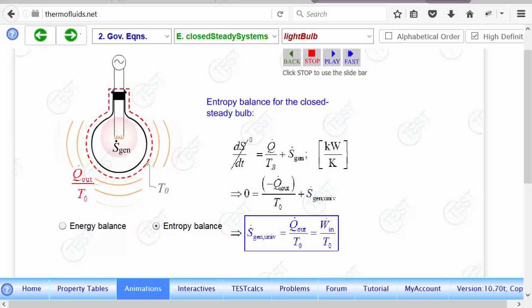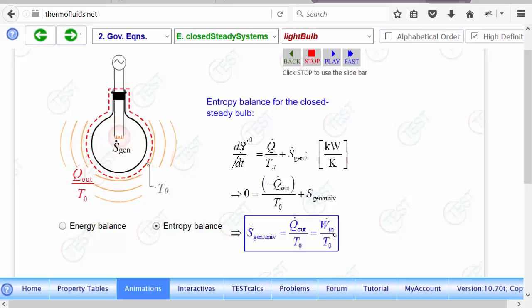And the temperature of the boundary, as you can see, is an external boundary, which means we are capturing all sorts of entropy generation. As a result, the entropy generation of the universe is captured as Q dot out over T0, which is W dot in over T0. I would say solve a few problems involving this concept and see if you can capture the entropy generation in the system's universe for a closed steady system.